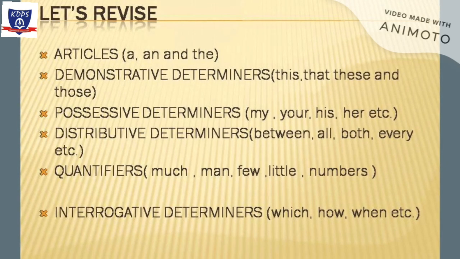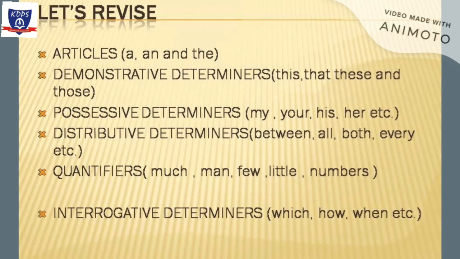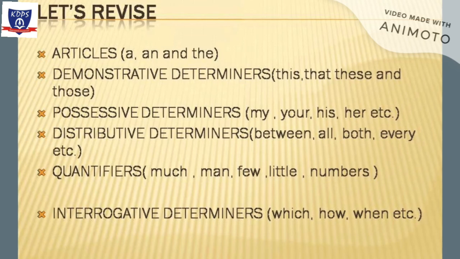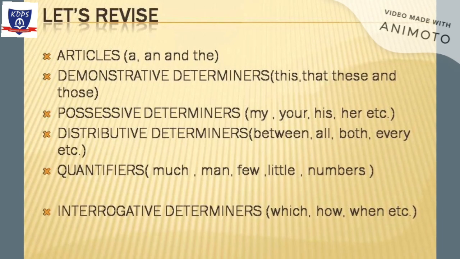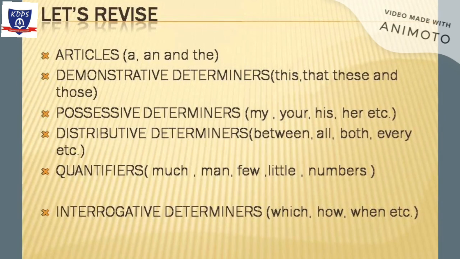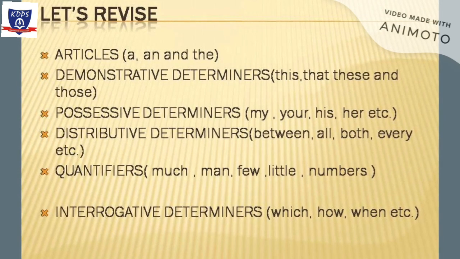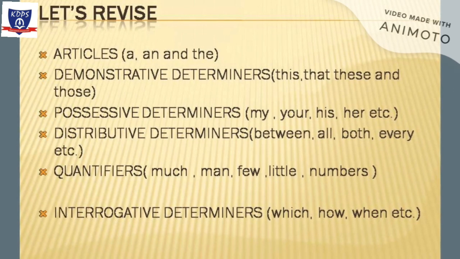And the last one is the interrogative determiner, the determiners that ask the questions. So this was about the chapter Determiners, in which we read in detail about 6 determiners: articles, demonstrative determiner, possessive determiner, distributive determiner, quantifiers and interrogative determiners.